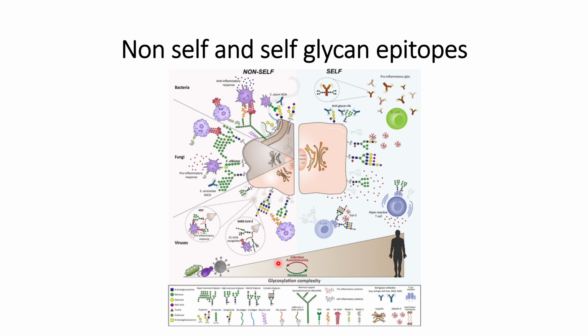So this is how non-self and self glycan epitopes can be differentiated by the host immune response.